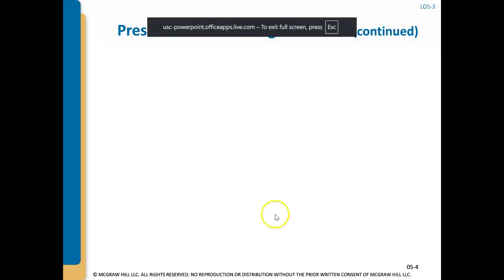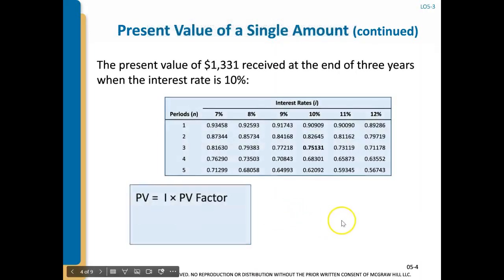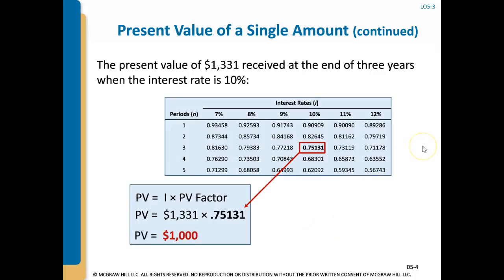So when I go back into my slides and I look at my factor table, you can see I take what I know I want to earn in the future times 0.75131 gives me my $1,000. This is how I can work backwards and figure out what I need to invest today in order to achieve a specific number in the future.